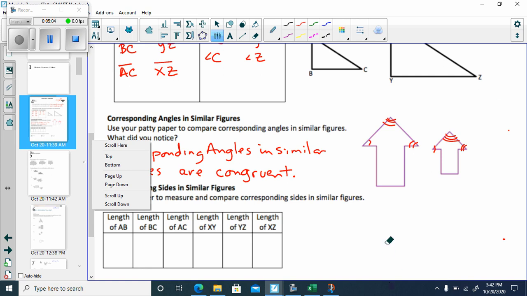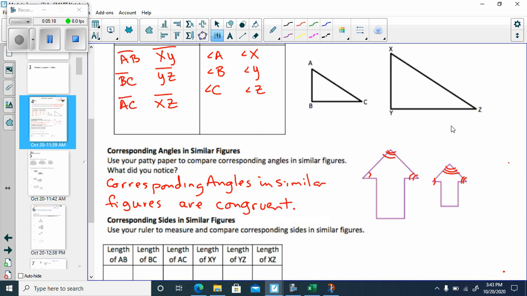Let me get you some numbers in here so you can see them. If you've got this triangle, this side is 3, this side is 4, and this side is 5.